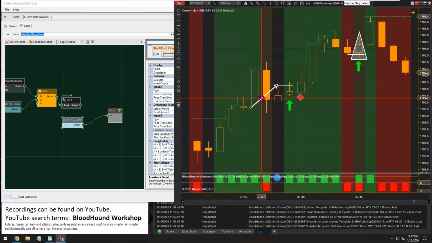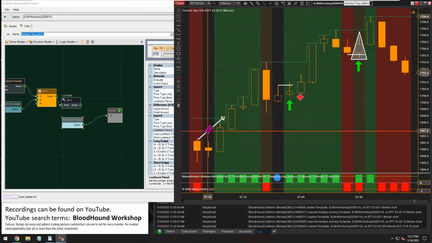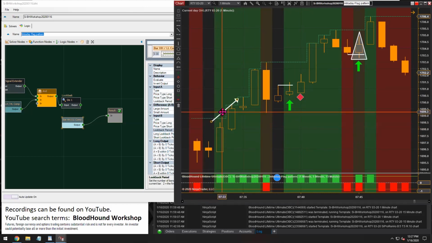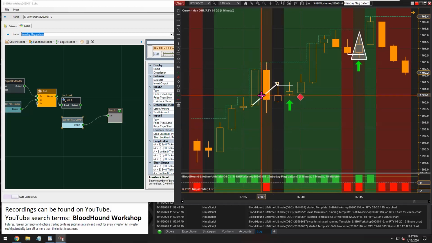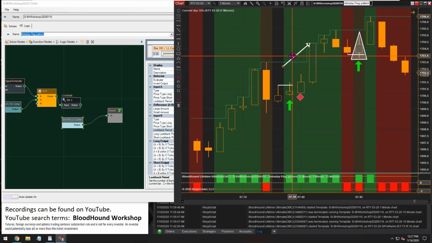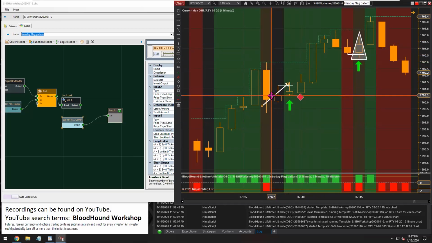When the highs go higher, so when we're getting higher highs from bar to bar to bar, if we look at BloodHound, we're getting a long output every time the high of the bar steps higher. And if the low of the bar goes lower, then we're going to get a short output, right, for the opposite bar pattern. Okay, so there is our long output as the highs step higher or move higher.